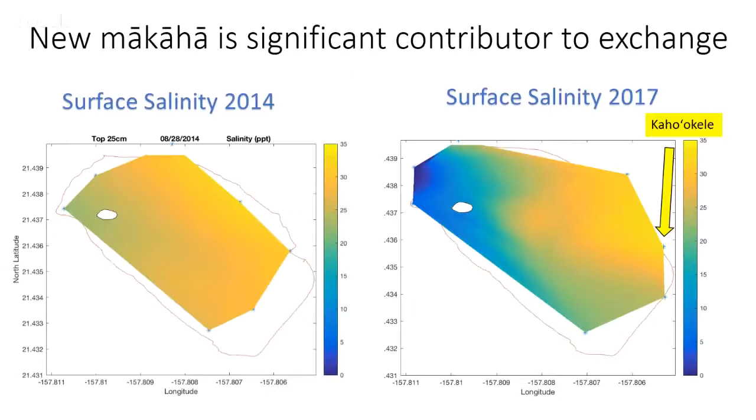So this is some of the salinity data that we collected with the YSI probe. This is the top, so at the water surface, salinity data from 2014, which represents before the repair of ocean break, and then 2017 after the repair of ocean break. And you can see that, first of all, salinity is a really good indicator of the relative importance of these 2 distinct water masses in the fish pond and how they distribute.